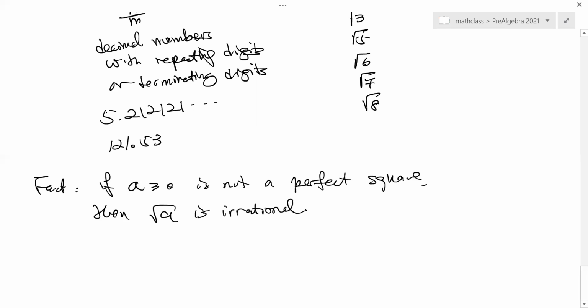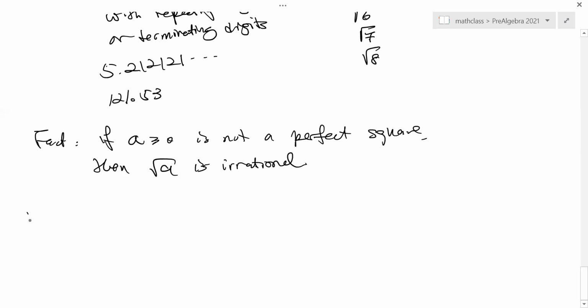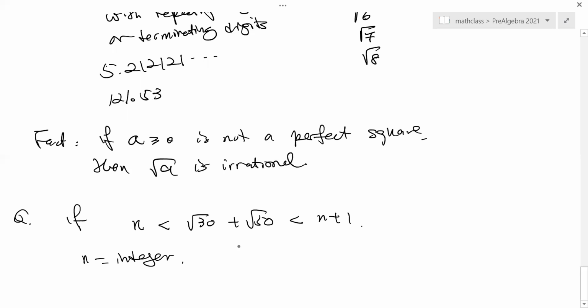So our next problem is we're trying to estimate. If we already know it's between two numbers, and n is an integer, what is n? Let's try this problem.